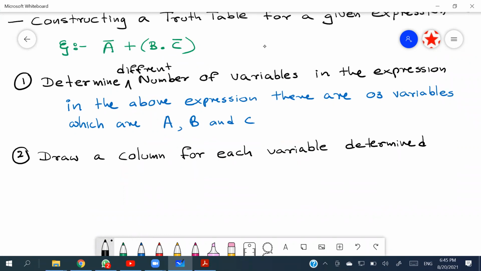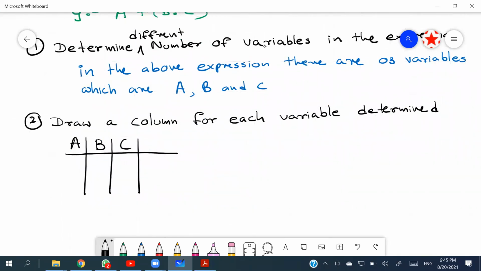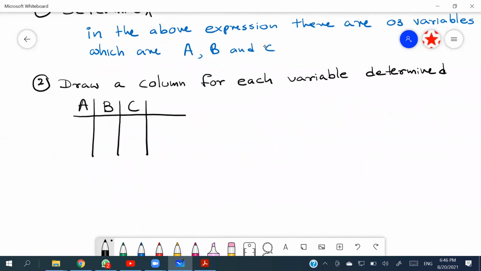So you are going to draw a column for each variable that you have determined. That means you are starting to construct the truth table like this: A, B, C. It's going to grow further. This is the very initial step.